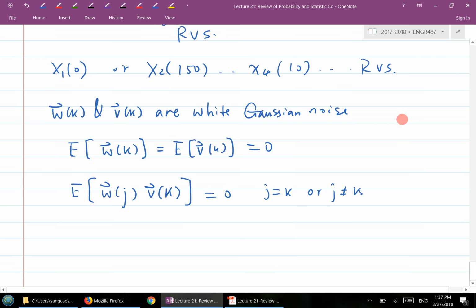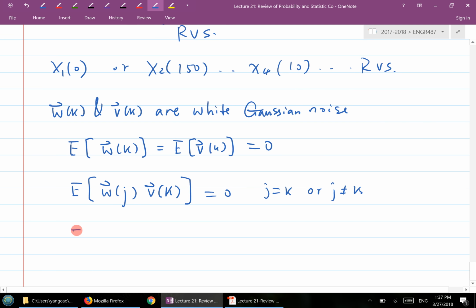And I can also calculate the autocorrelation of the same random variable, for a certain k, and now you get a so-called correlation or covariance matrix. In this case, the correlation and covariance matrix become the same when your mean value is 0.